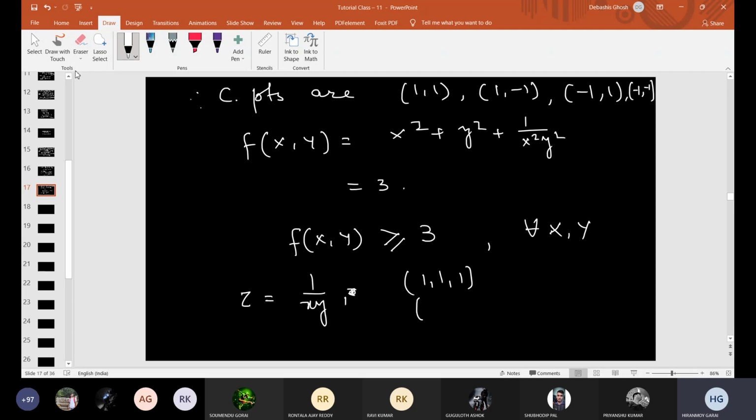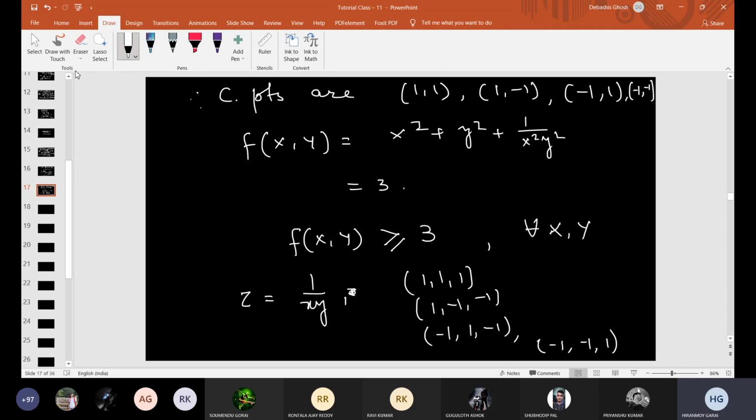If you consider the point 1, minus 1, then it comes to be 1, minus 1 and minus 1. If you consider the point minus 1 and 1, then also minus 1, 1 and minus 1. If you consider minus 1 and minus 1, then you have minus 1, minus 1 and 1. So these are the 4 points which are closest to the origin.